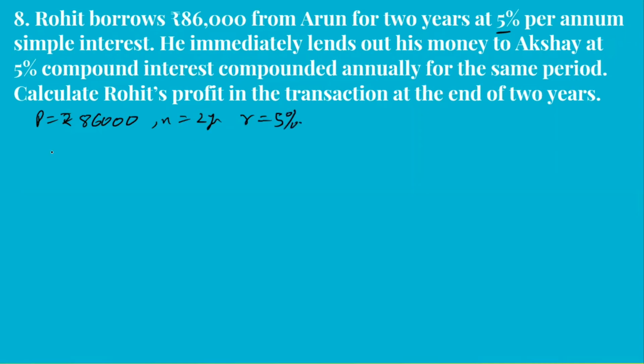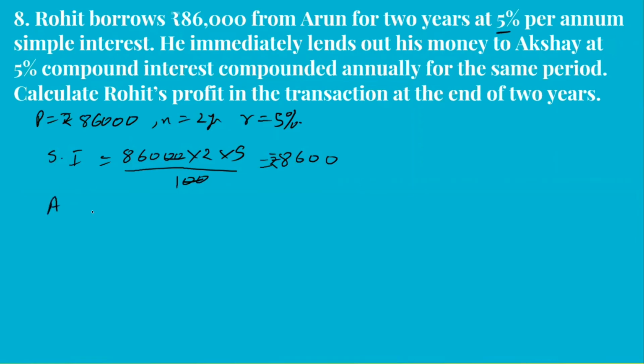So the simple interest is equal to PRN upon 100, that is 86,000 into 2 into 5 upon 100. So 5 2s are 10. 10 into 86, we get this as 8600. So rupees 8,600 is the simple interest.